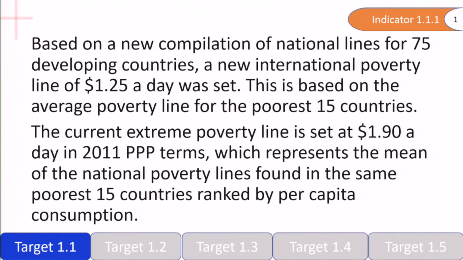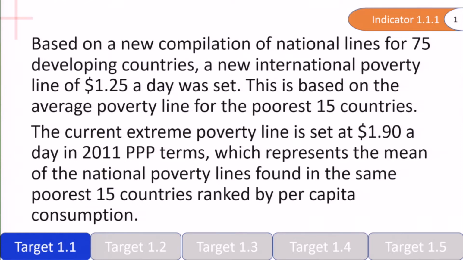This got revised based on 75 developing countries to $1.25 per day in 2011. Later, the current extreme poverty line was set at $1.9 a day.